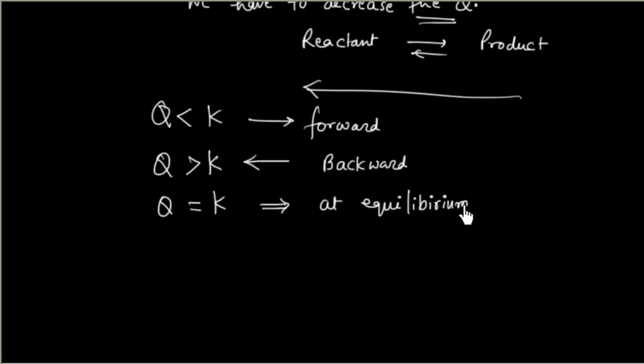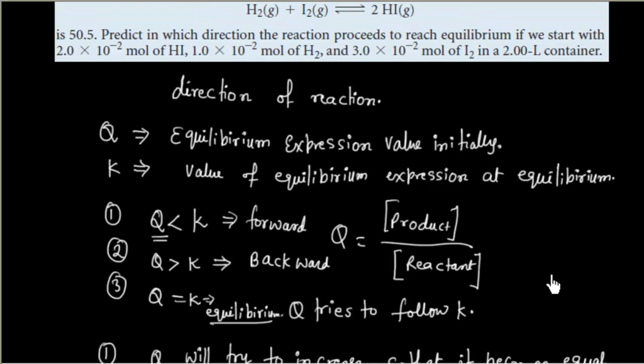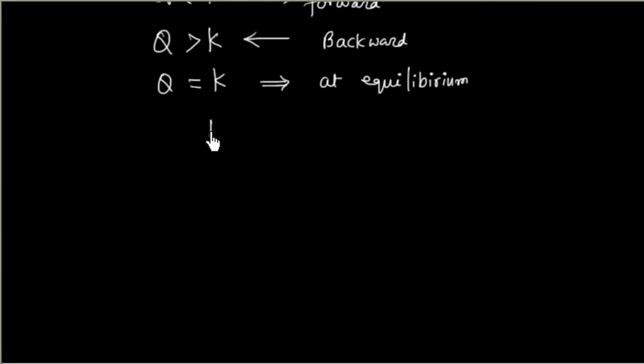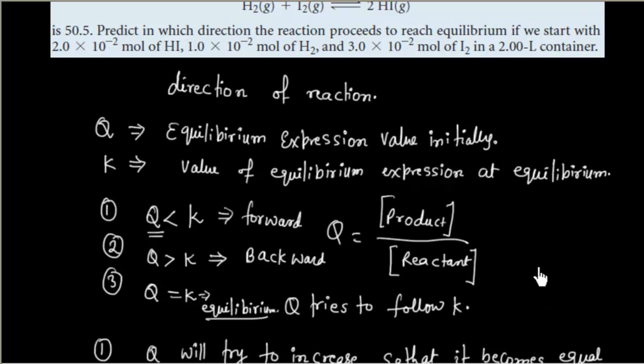Now let us answer this question. We have the equation H2 plus I2 gives 2HI. Initial amounts are given.